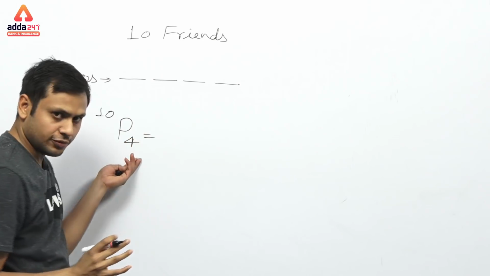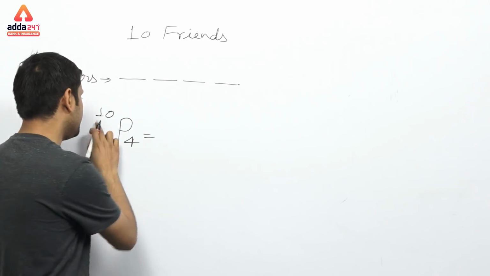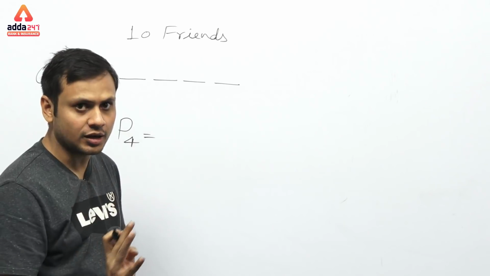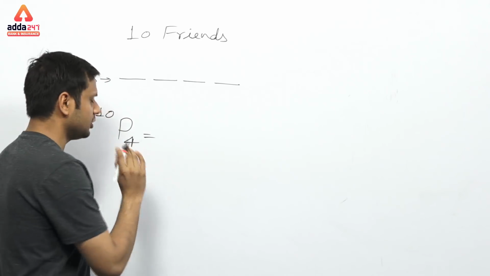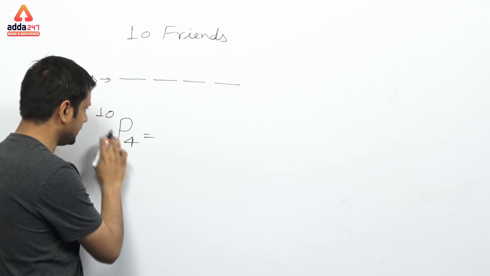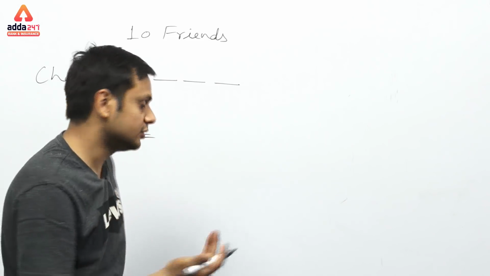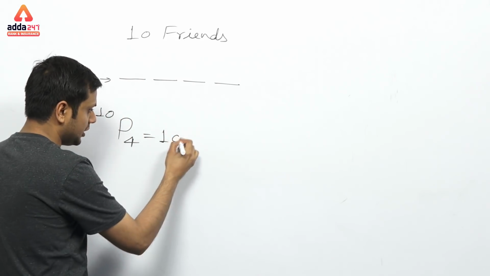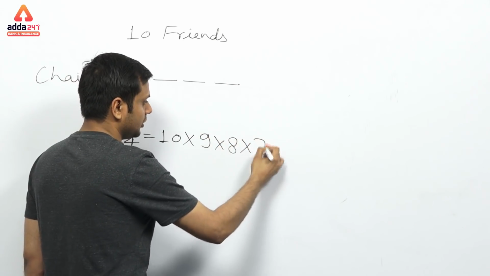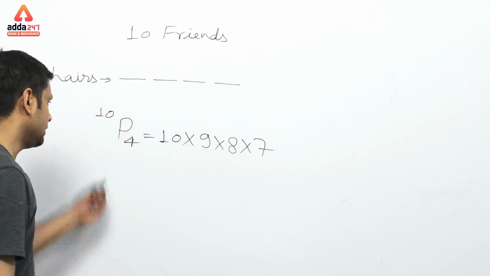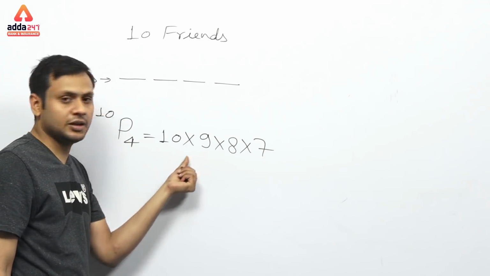But another way of writing this: how do we find the value of 10P4 in a short manner directly? You just need to write 4 numbers. We start from 10 and keep decreasing by 1.